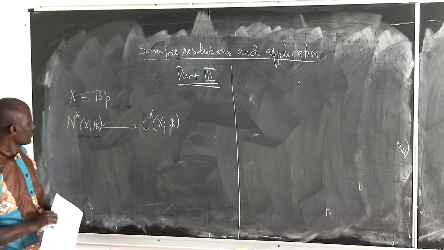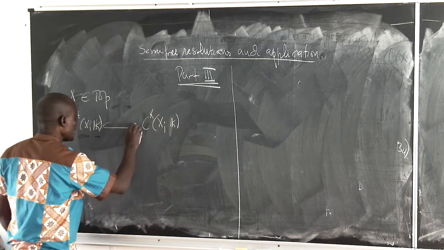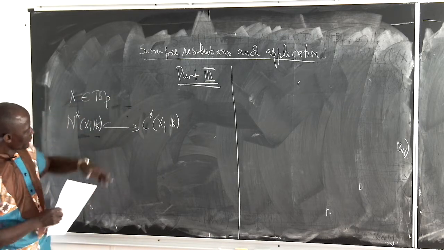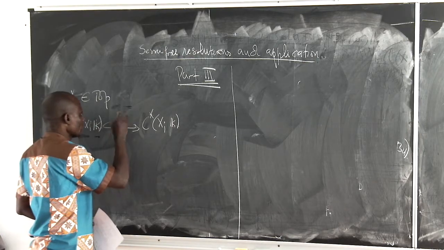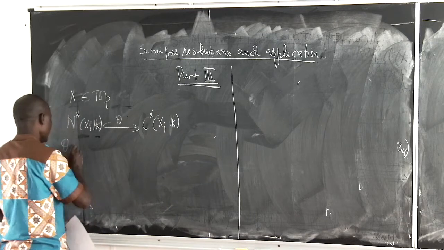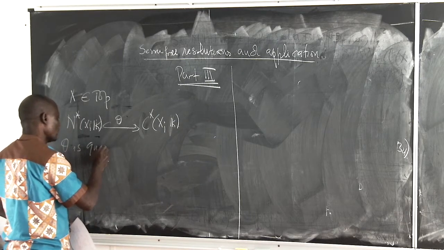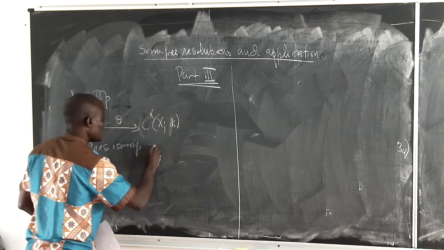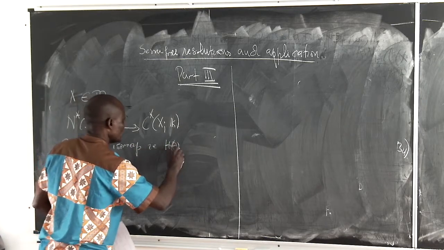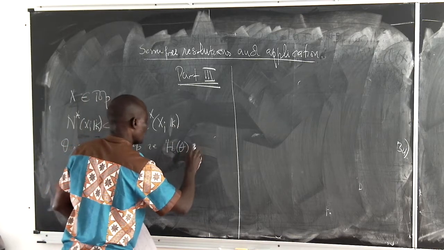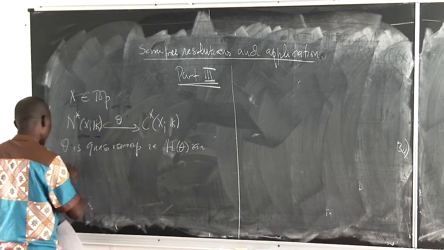So I told you that this map is a quasi-isomorphism. Let me call this map theta. Theta is a quasi-isomorphism, which means that in homology theta is an isomorphism.